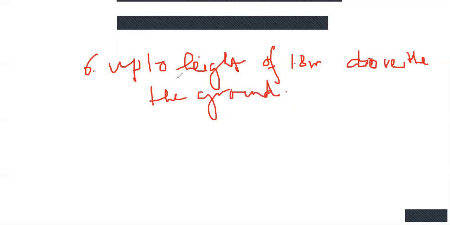Zone of conditioned space for the comfort is to be taken up to a height of 1.8 meter above the ground. This is our next part.